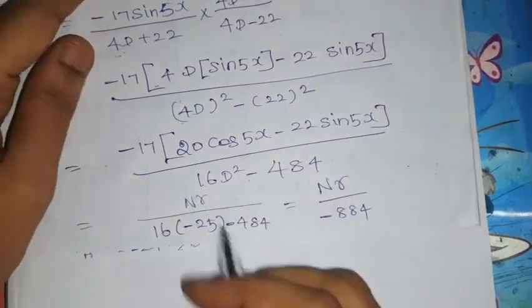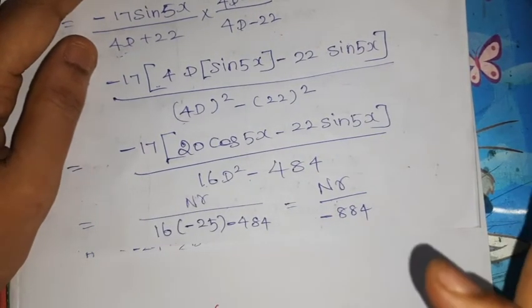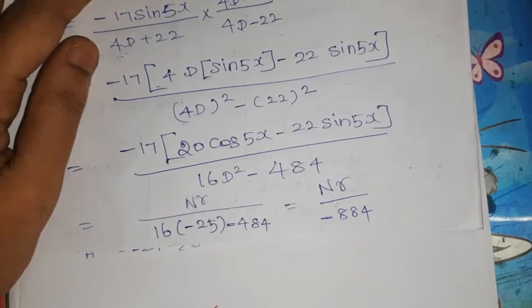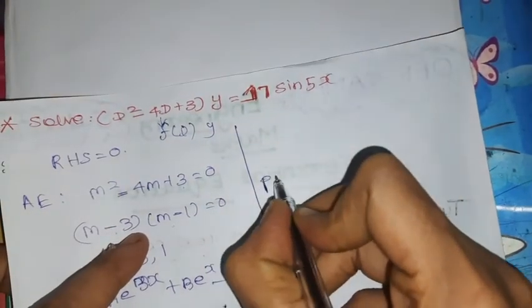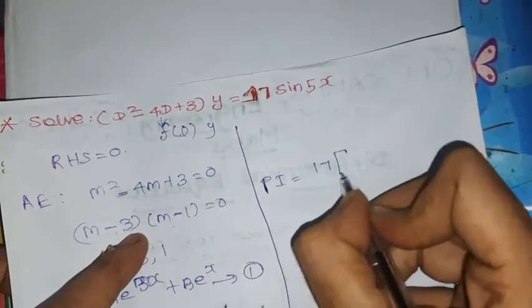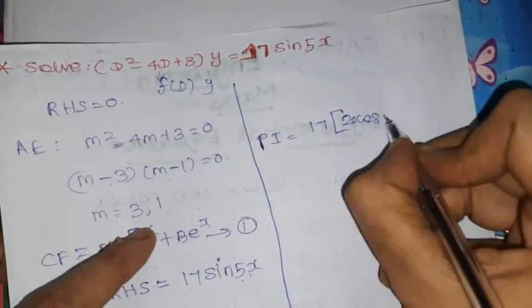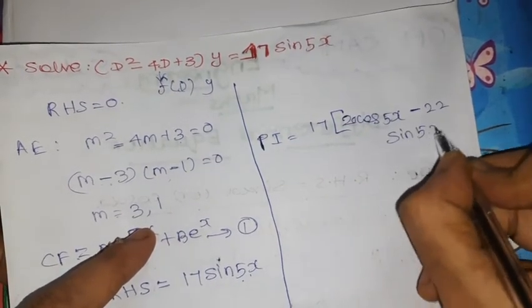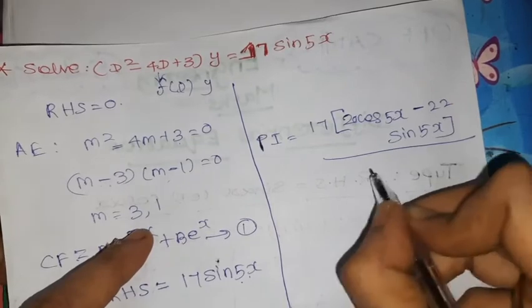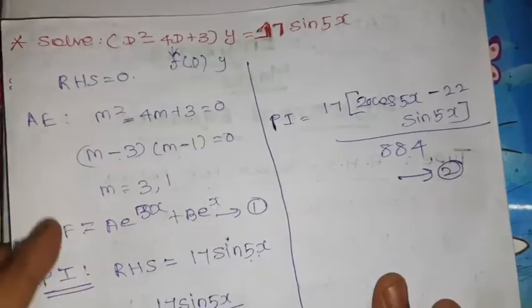Already one minus is in the numerator, so minus into minus is plus, and there is no negative sign outside. So the particular integral value is 17 into 20 cos 5x minus 22 sin 5x divided by 884. This is the particular integral.